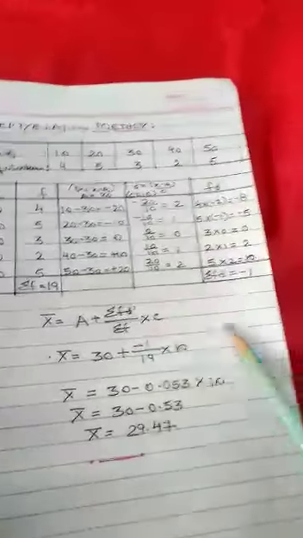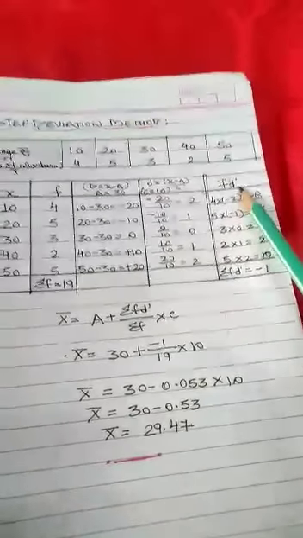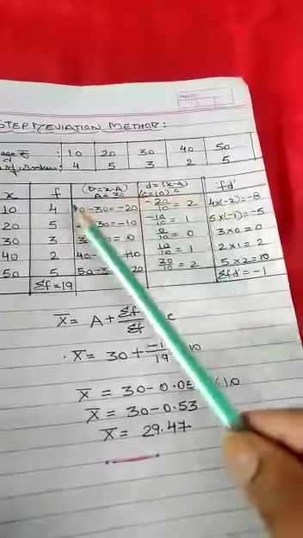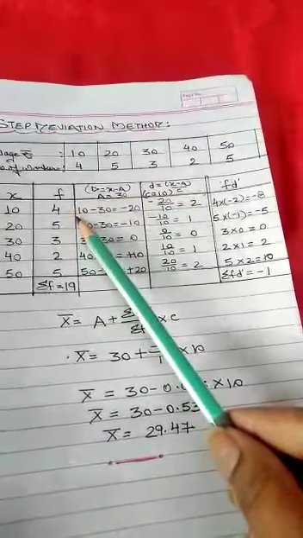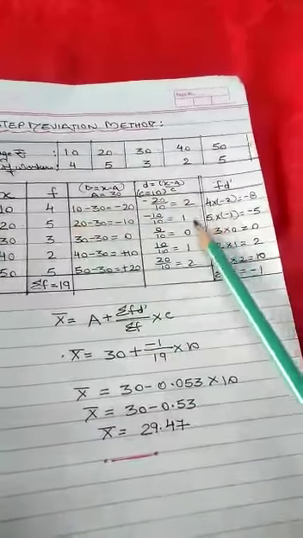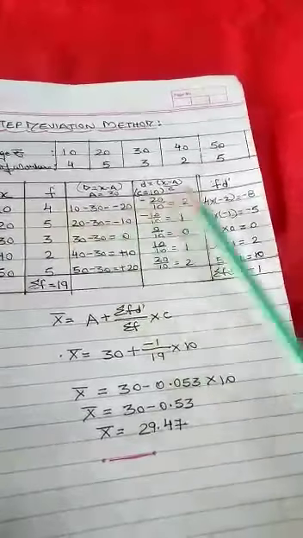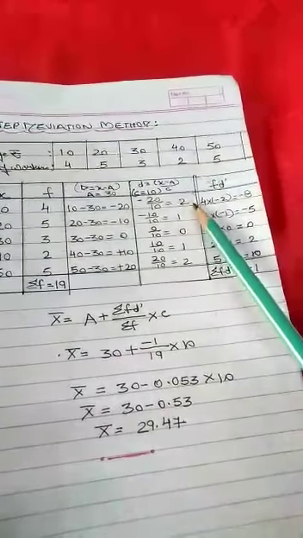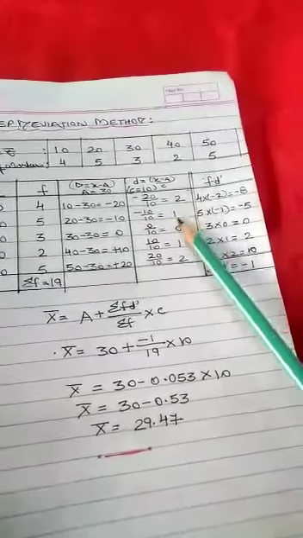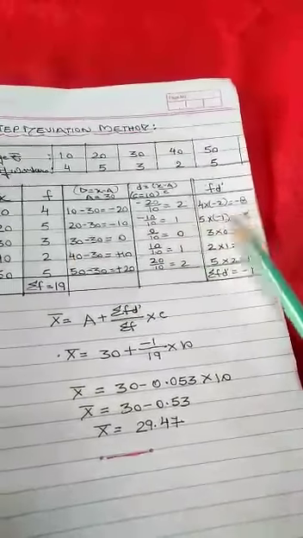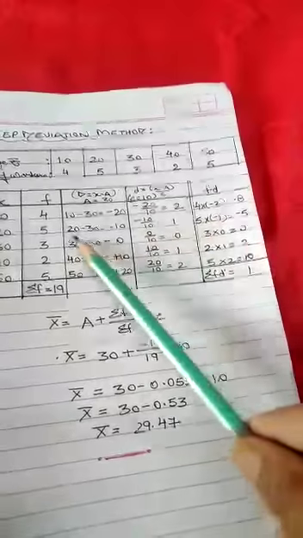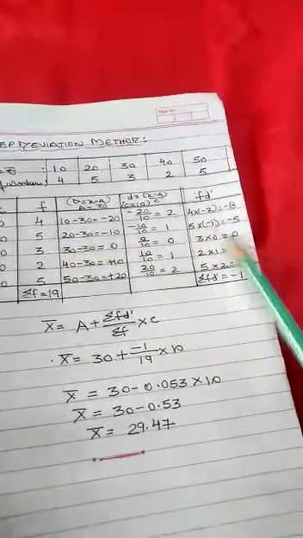Right? Now you will find out f d I. So for this, what you have to do, you have to take frequency, that is 4. And your deviation came what? That is minus 2. So 4 into minus 2 comes to minus 8. 5 into minus 1 comes to minus 5.